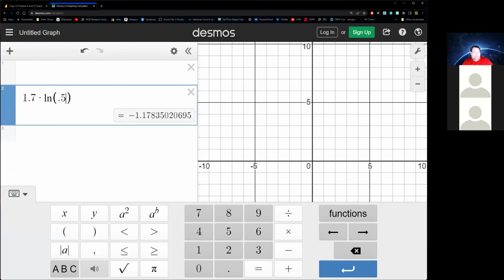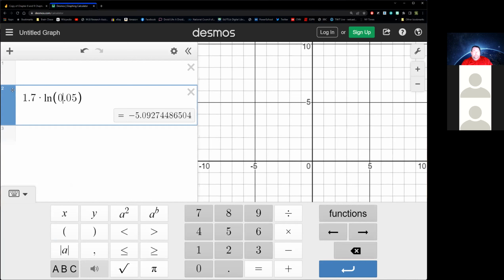I lost the negative sign. That's okay. Oh, I lost the negative sign up top.